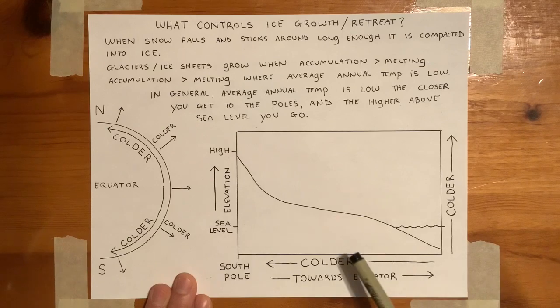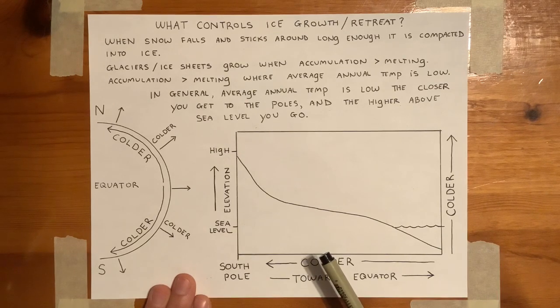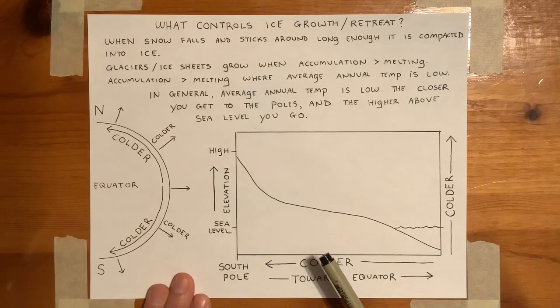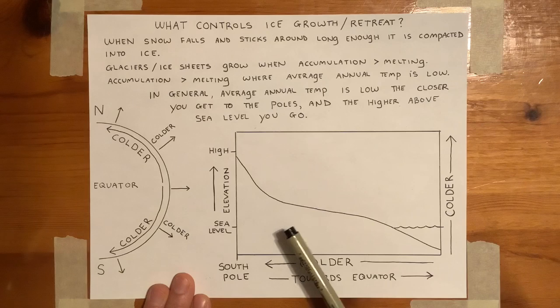Okay, so if we think about this diagram in terms of an ice-free Antarctica, remember that tens of millions of years ago, before about 30 million years ago, there was no permanent ice on Antarctica.